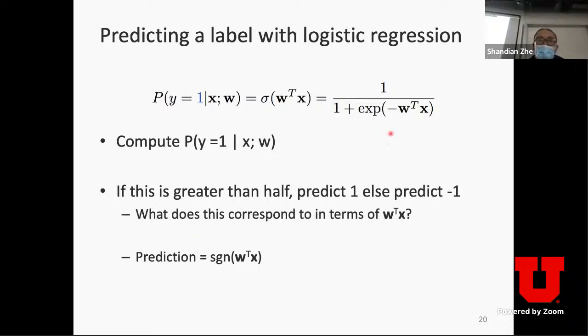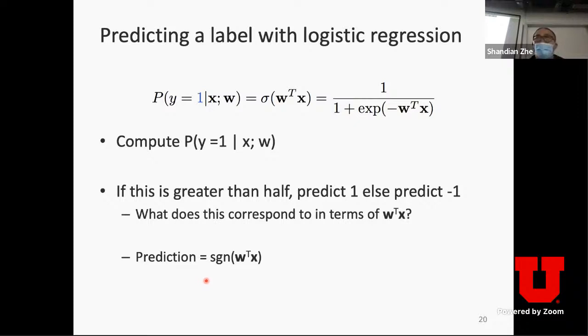Now, on the other hand, if your score is negative, like this fraction, this sigmoid function will give you less than 0.5, right? And you're going to predict as negative. At the same time, because this sign is negative, our previous rule will give the negative prediction as well.